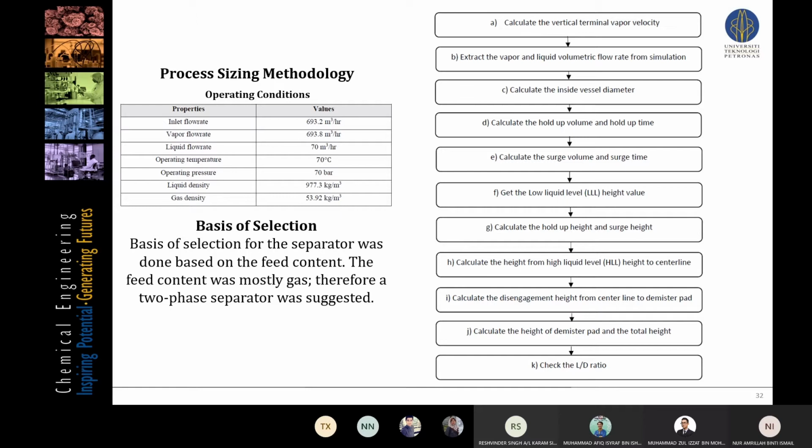Can you guys see my slide? It's lagging. It's okay, take your time. Sorry guys, I can't see my slide. Okay, never mind. Can you guys see my slide? One minute, guys. We can see your slide, Rashwinder.